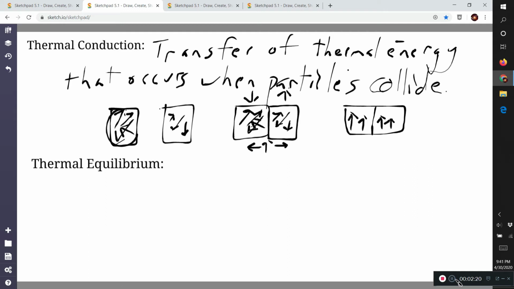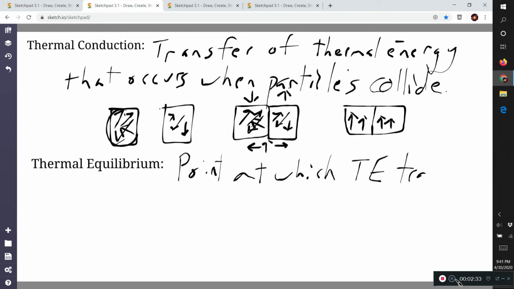So this is the point at which the thermal energy transfer, thermal energy is TE, is such that they are the same temperature.